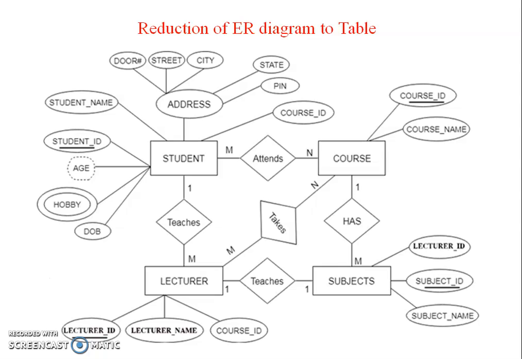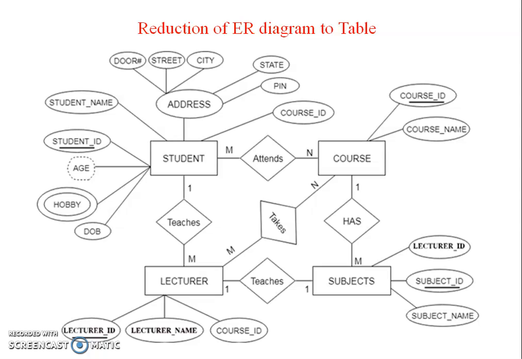And a composite attribute is represented by its components. In the given ER diagram, student address is a composite attribute and it contains city, pin, door, street and state. In the student table, these attributes can be merged as individual columns. And derived attributes are not considered in a table structure.